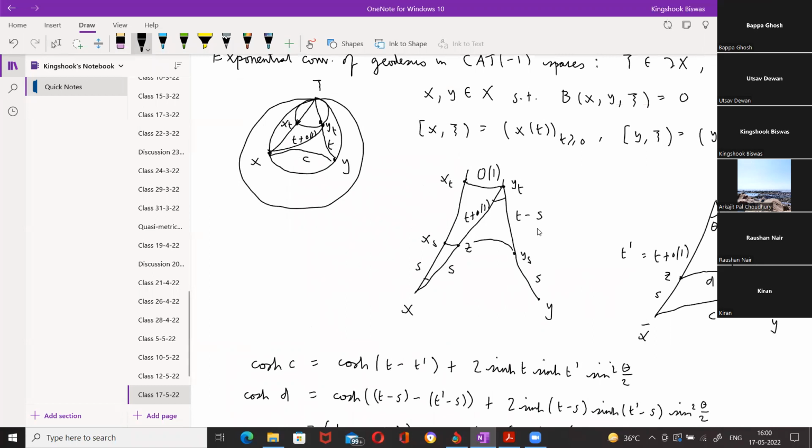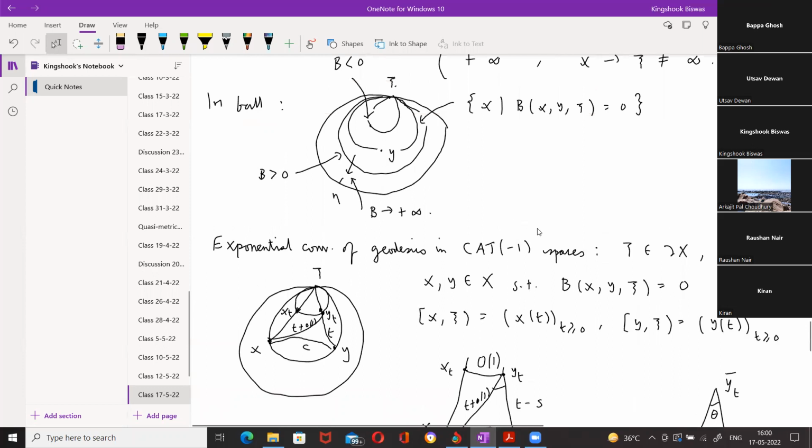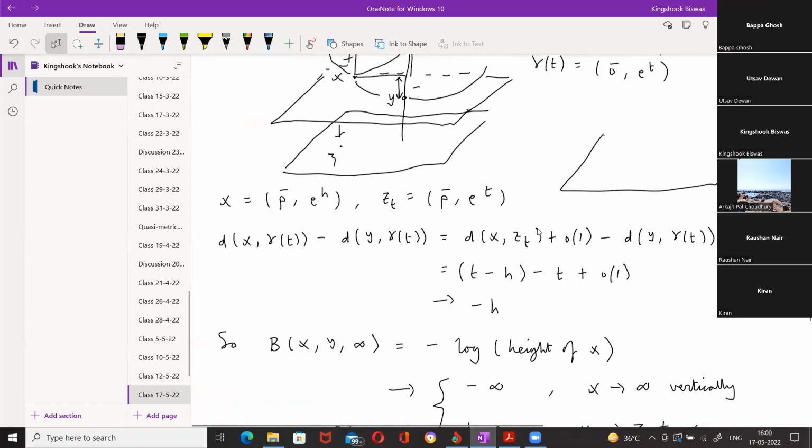But if you start out on the same horosphere, then the distance between them will go to 0. In the upper half space, the horizontal planes are the horospheres.